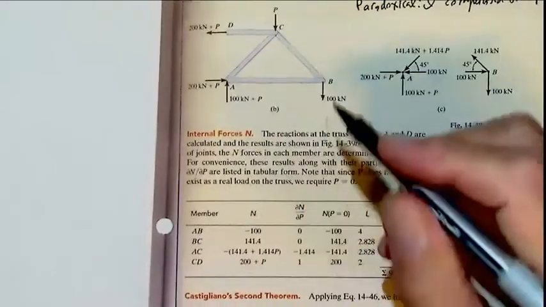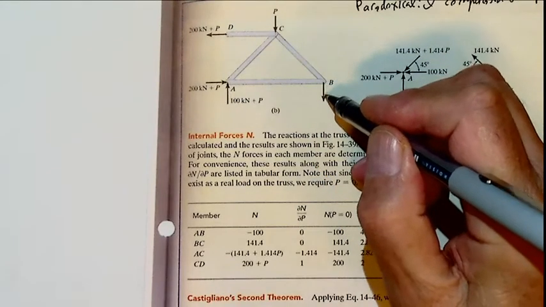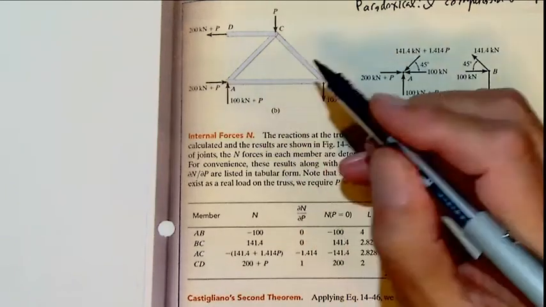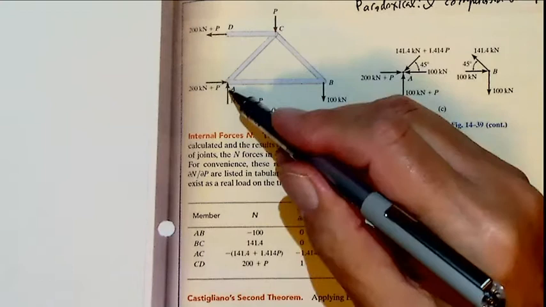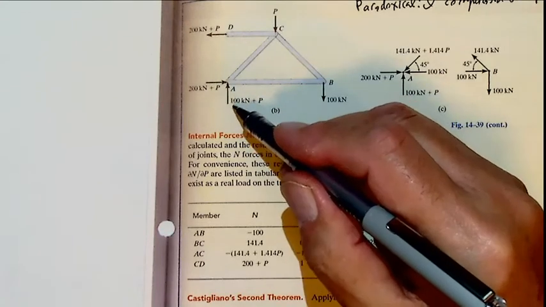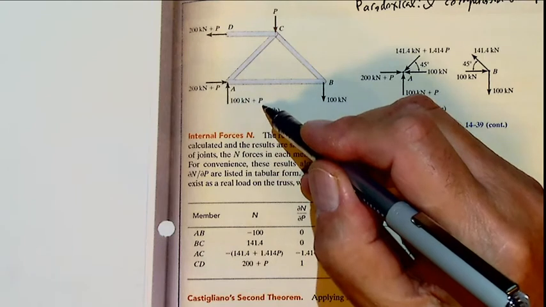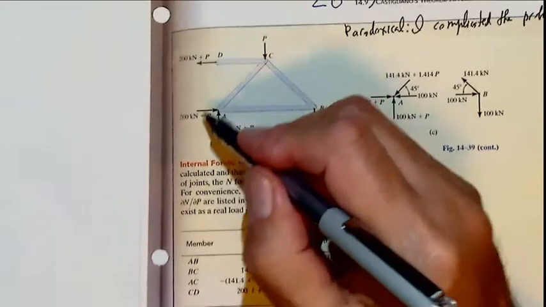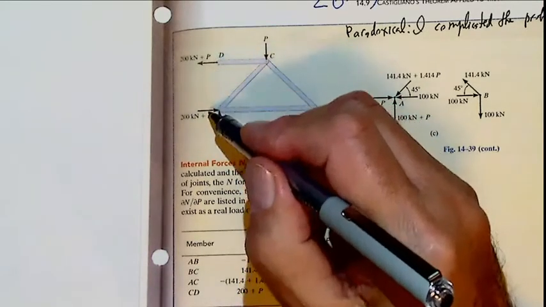Okay, so then look, please. That is P, that is a load. That is 100, that is P. So the reactions equal 100 kilonewtons plus P, and this is 200 kilonewtons plus P, but in different directions.